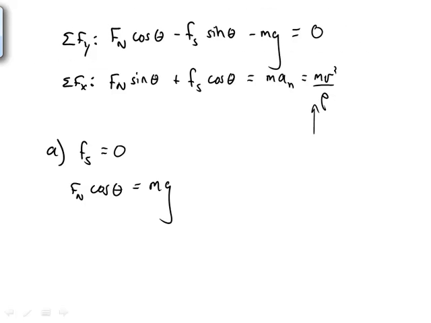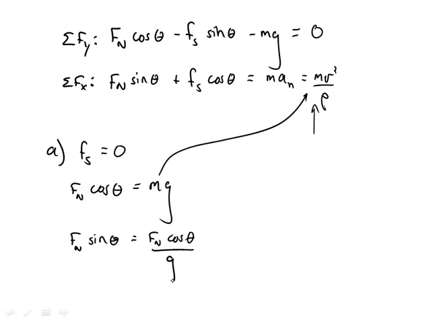And so I'm going to solve this for m and bring it into the x equation: Fn sine theta equals Fn cosine theta over g times v squared over rho. And so what you're seeing here is the normal force canceling out.